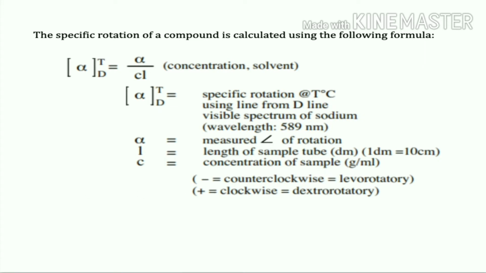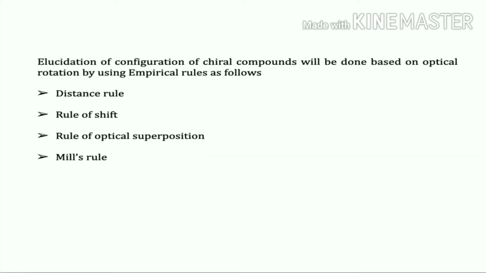Next is optical rotatory dispersion. Before that, we can assign the configuration of a chiral compound based on optical rotation by using empirical rules. Whatever optical rotation you get will be applied for the elucidation of the configuration of an unknown chiral compound.